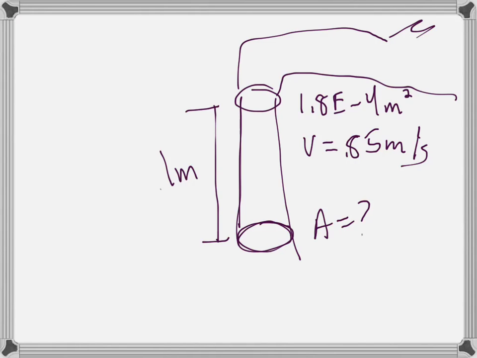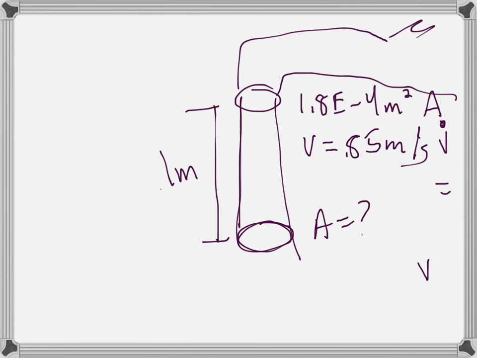Okay, so that means this area times this velocity should equal this area, which we don't know, times the velocity down here. So all we need to do to figure out this area is know what the velocity of the water is down here. And you should be able to do that.